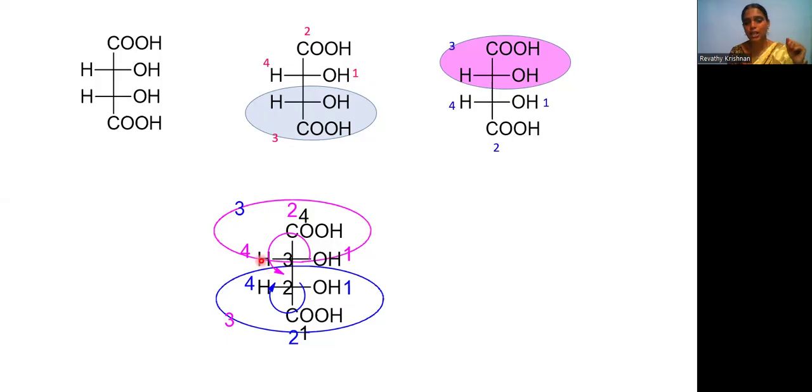The lowest priority is in the horizontal line. So the S is getting shifted to R. When coming to the second chiral carbon atom, the priority is 1, 2, 3. So it is found to be a clockwise direction, but hydrogen is in the horizontal. So automatically it gives S.